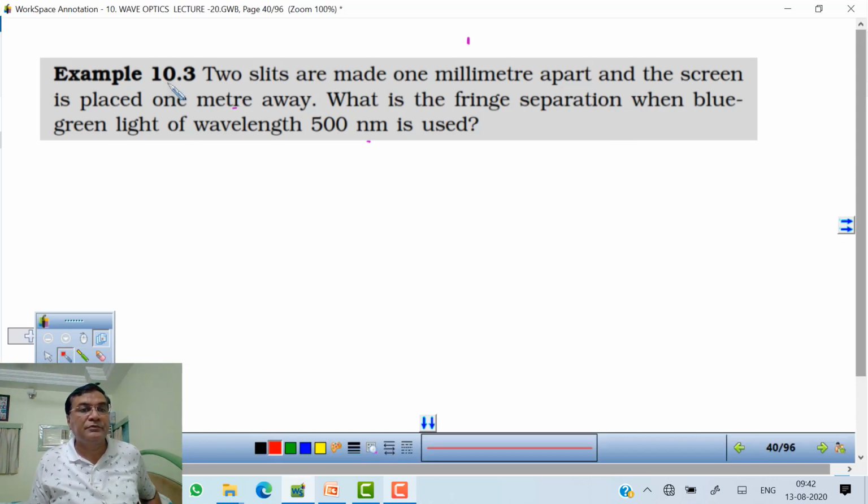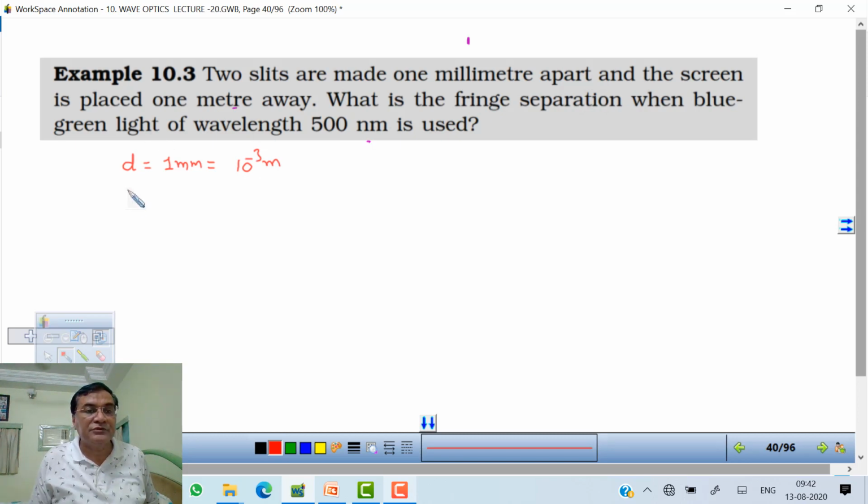So here example 3, that is illustration. Two slits are made 1 millimeter apart. So the distance between two slits is called small d. It is equal to 1 millimeter. So we write in terms of meter, I can write 10⁻³ meter.